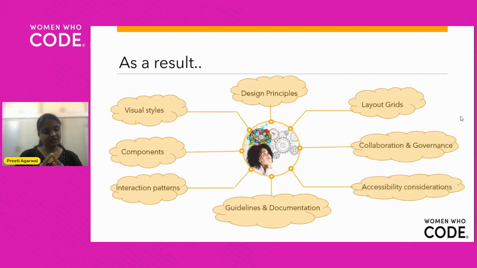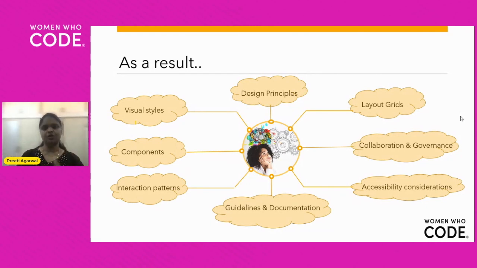They discovered that every product exhibited not only consistent styling, but there were similar component and interaction patterns as well. Like buttons and modals and page layout, they all demonstrated a high level of consistency across the products. This realization is what sparked the idea of defining a comprehensive design system. They acknowledged that they need something like this, which addresses these issues as well.